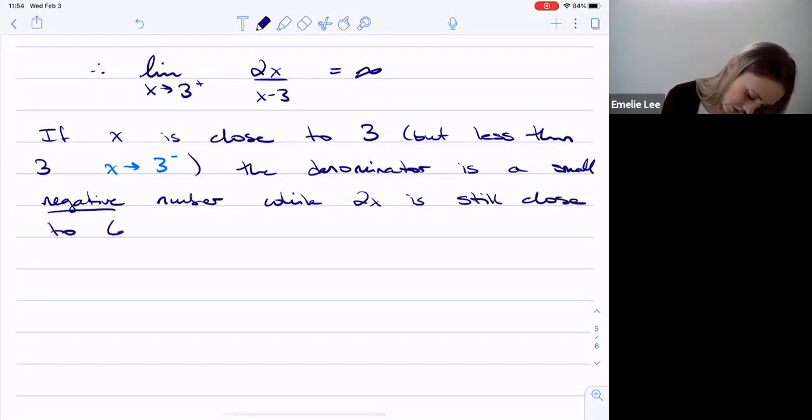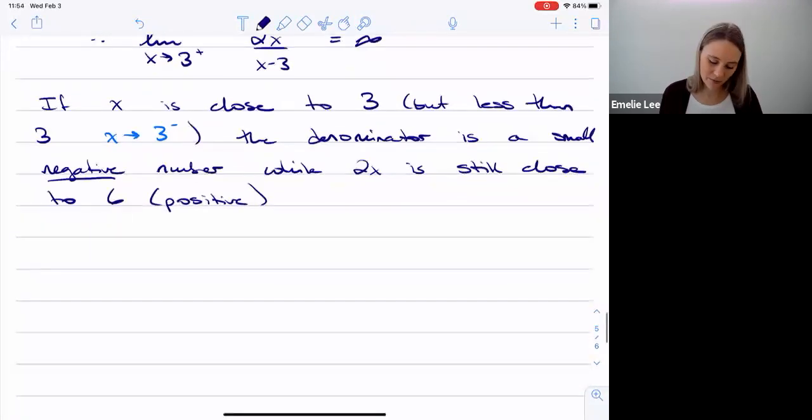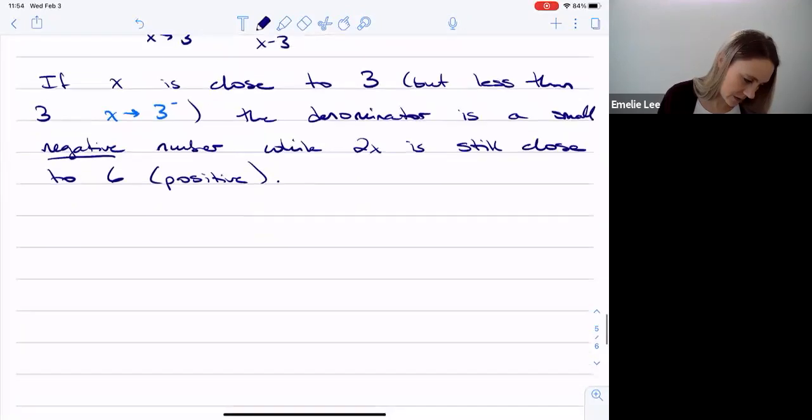Still close to 6, right? And still positive. So now you've got a positive over a negative, right? Which would give you a negative value overall, right?